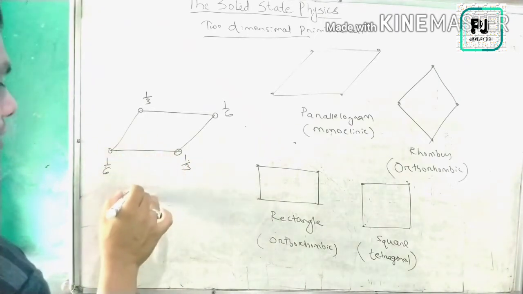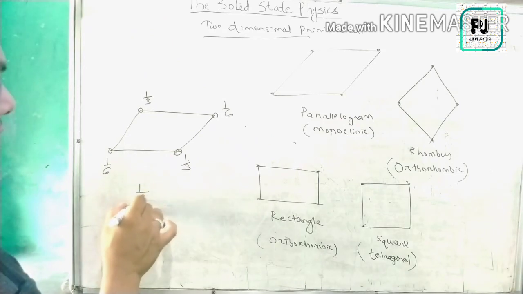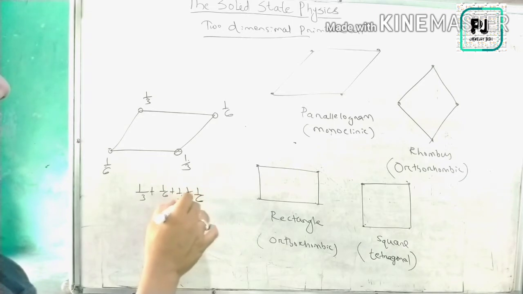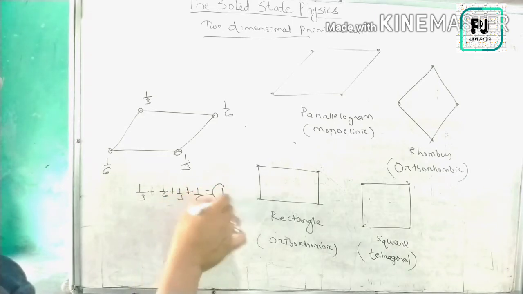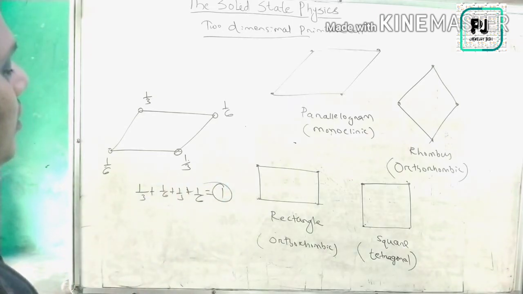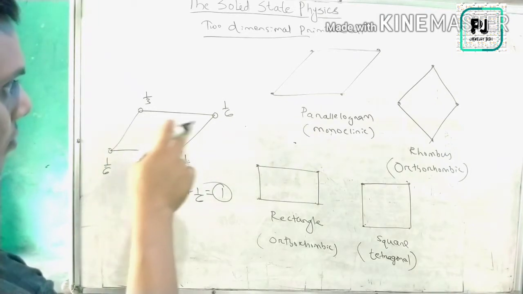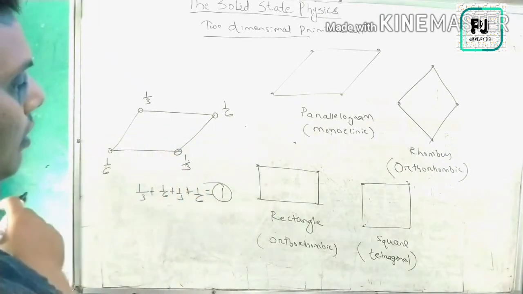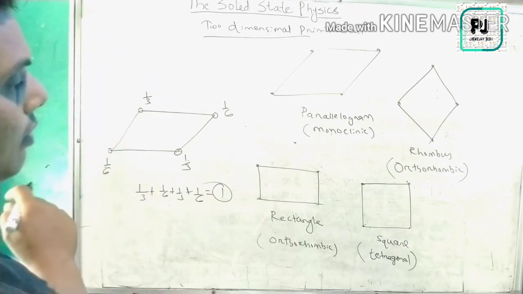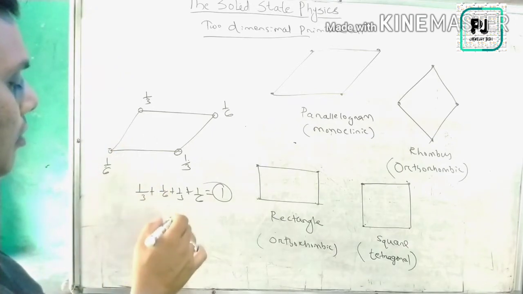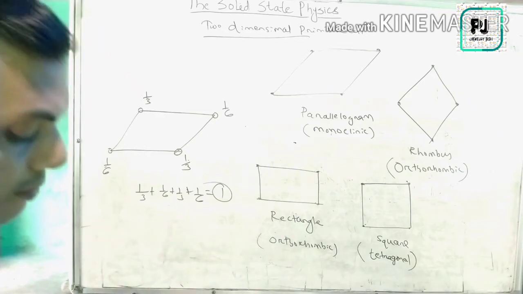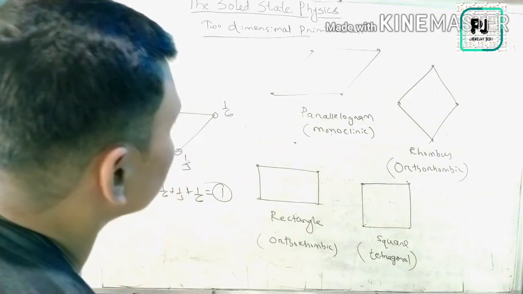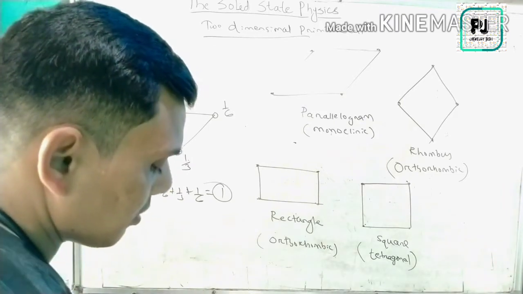So when we add these things, 1 by 3 plus 1 by 6 plus 1 by 3 plus 1 by 6, the value will come to 1. That indicates the value of your monoclinic or any unit cell is 1. This is your solid state two-dimensional primitive cells.